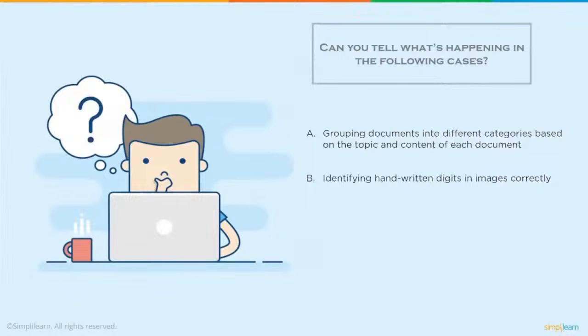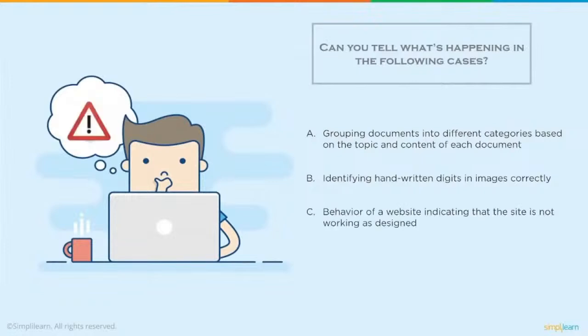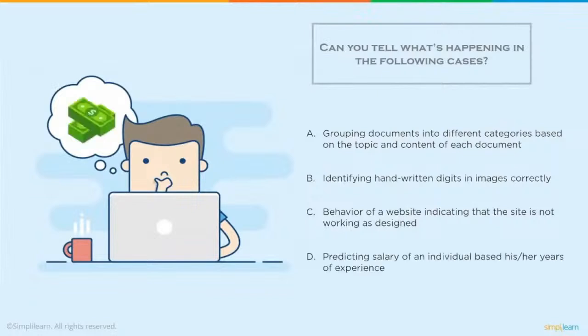So we want to know whether they're writing an A or capital A, B, C. What are they writing out in their handwriting? C, behavior of a website indicating that the site is not working as designed. D, predicting salary of an individual based on his or her years of experience. HR hiring set up there.